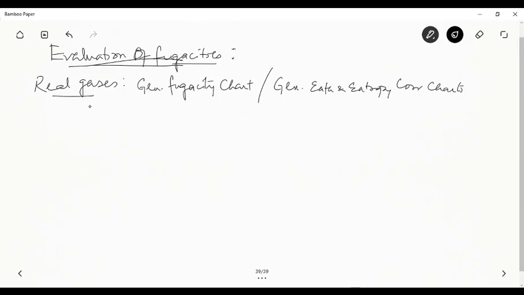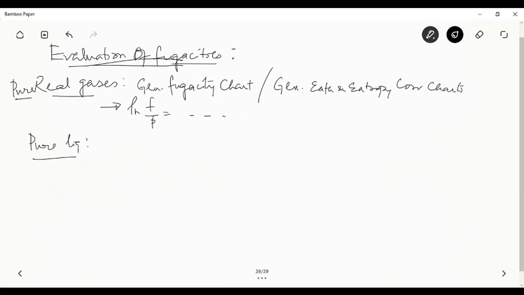And using that, we calculated the log of f by P. So this is something that we had already done. So this is pure real gases. Okay. So what do we do for pure liquids? How do you evaluate the fugacity of a pure liquid? Let us try to understand that.